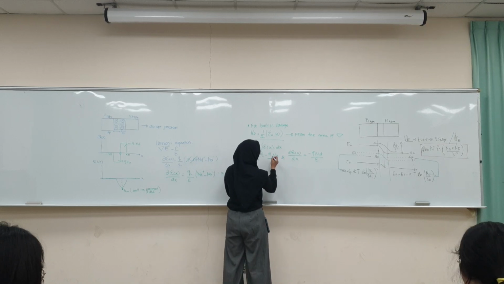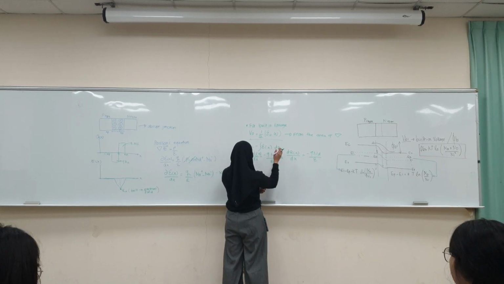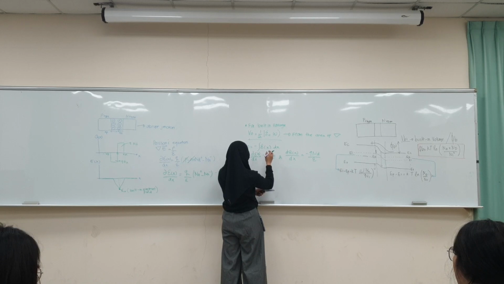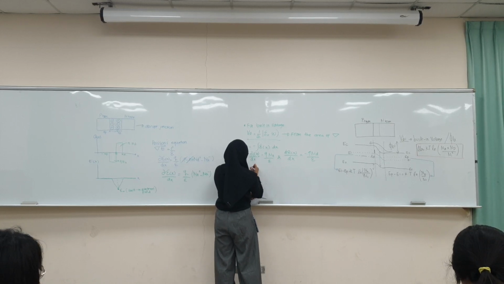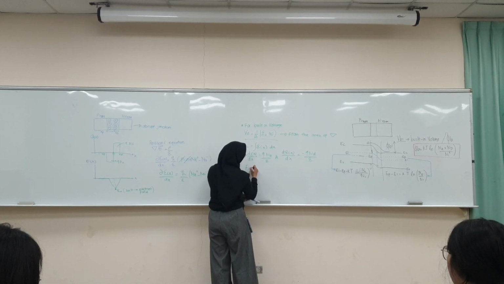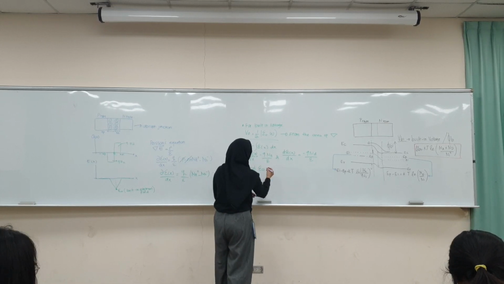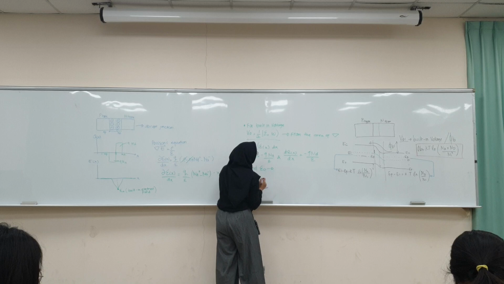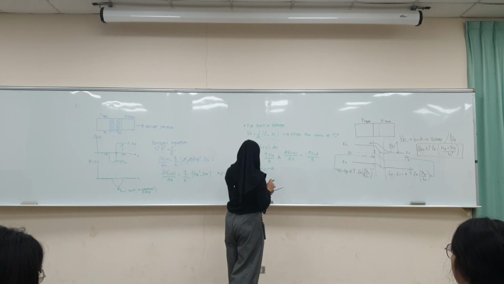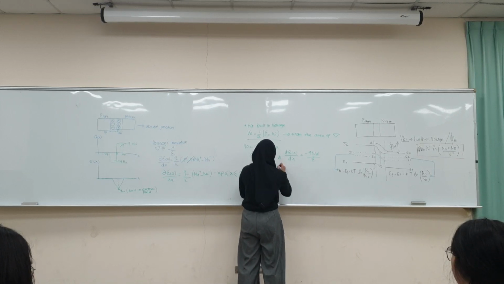From here, we can just eliminate this. We can find what we call E0, because we need that right there, right? So how do we know where E0 is?